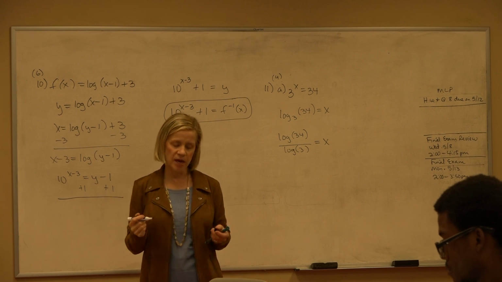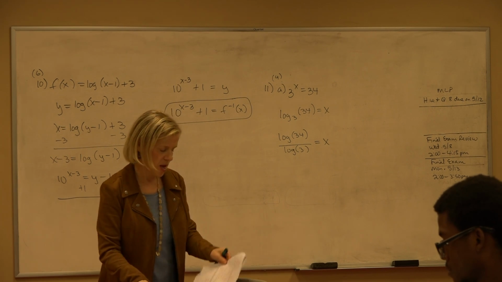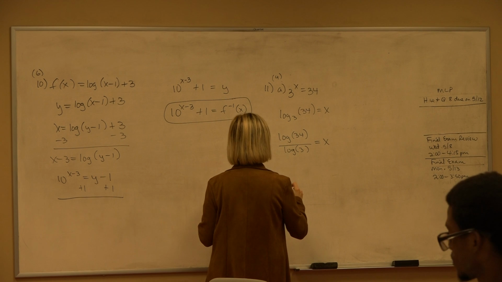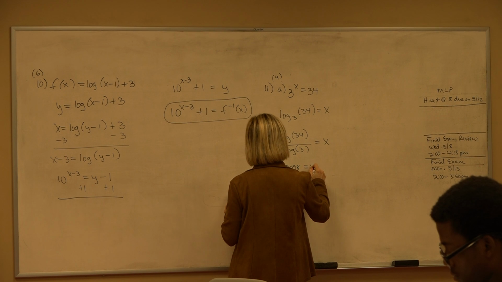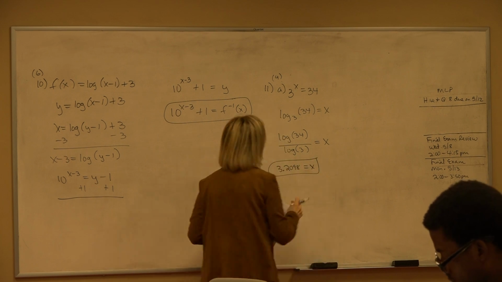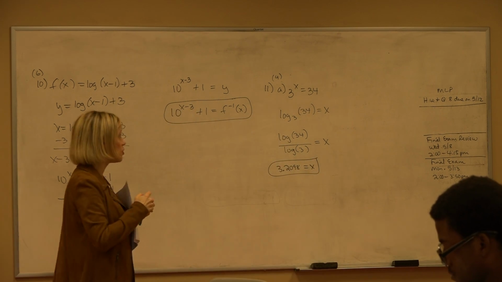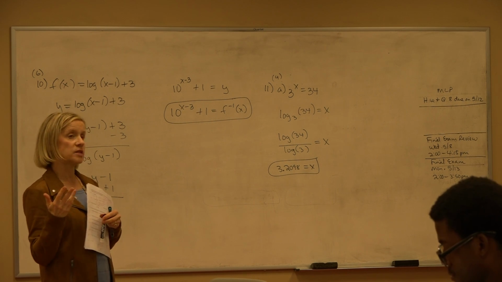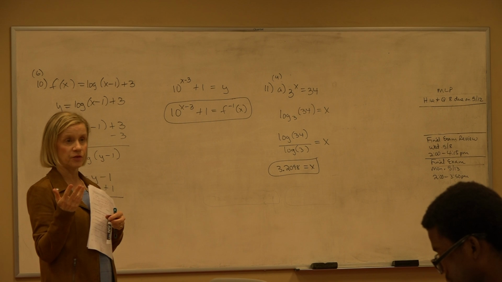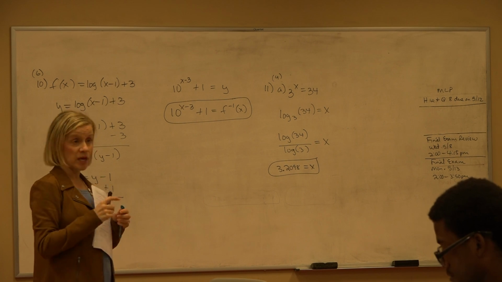So we can just put that into our calculator. It says round to 4 decimal places, so you're going to get 3.2098 approximately equals x, which should make sense because 3 to the 3rd power is 27, so it would be something a little bit more than the 3rd power of 3 to get 34. So that's one way to do it.